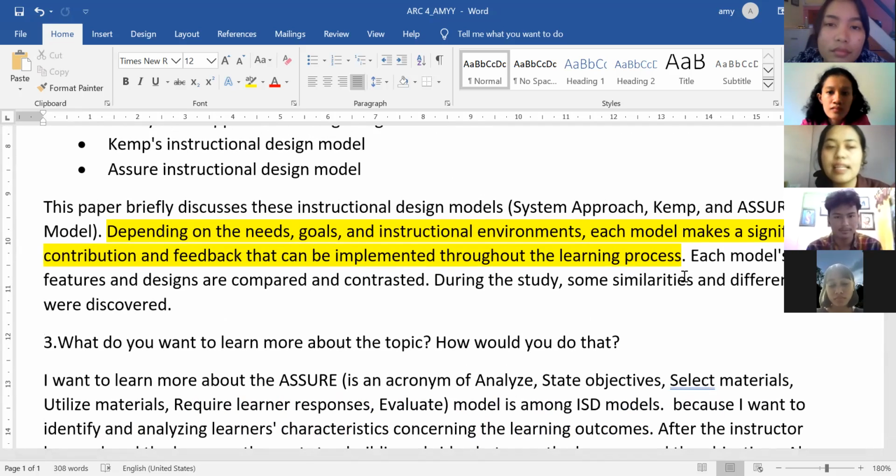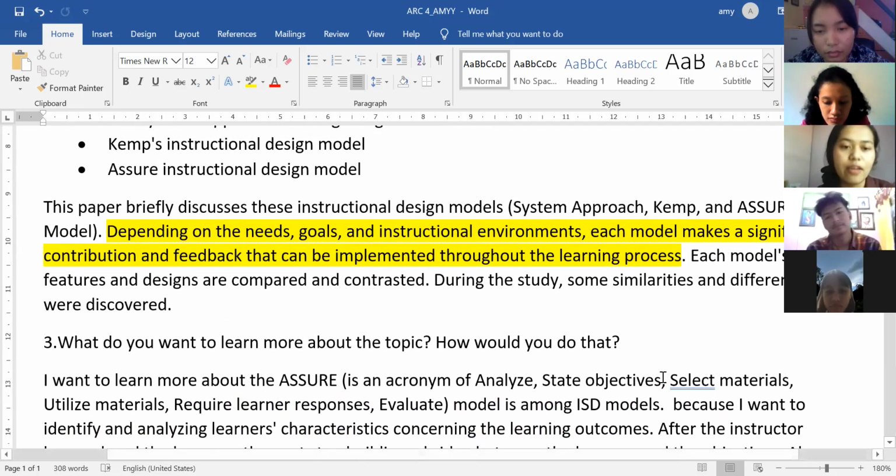Each model makes a significant contribution and feedback that can be implemented throughout the learning process. Each model's features and designs are compared and contrasted during the study. Some similarities and differences were discovered.